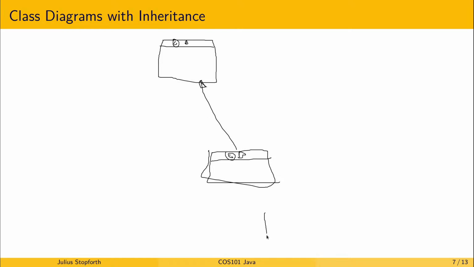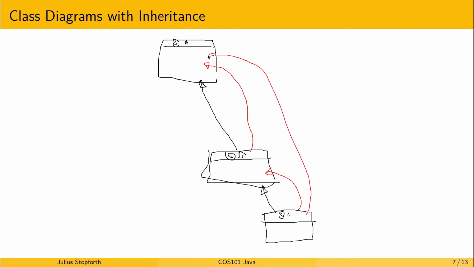And then you can have another class down here, class C, that inherits class B. So what we're saying here is that class C is a type of B, and class B is a type of A, but that also means, in terms of polymorphism in Java, that C is a type of A as well.